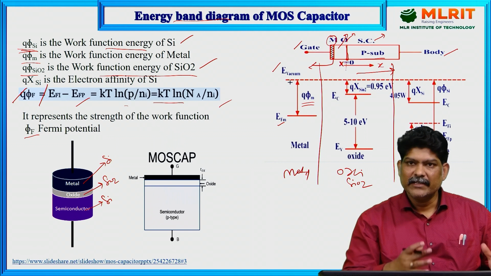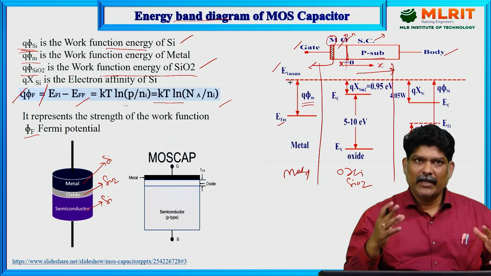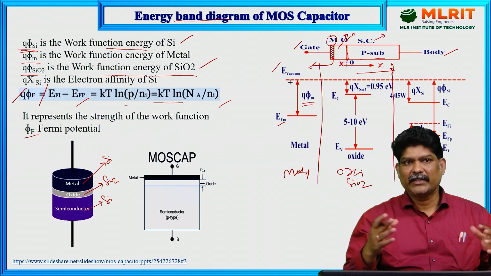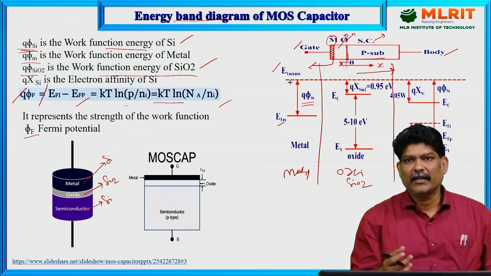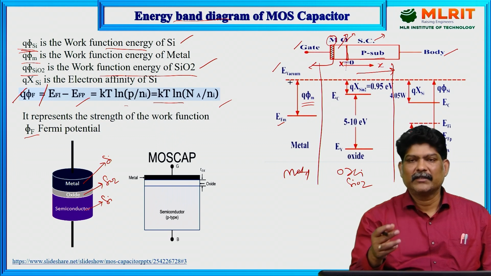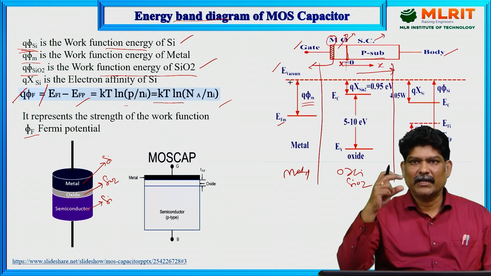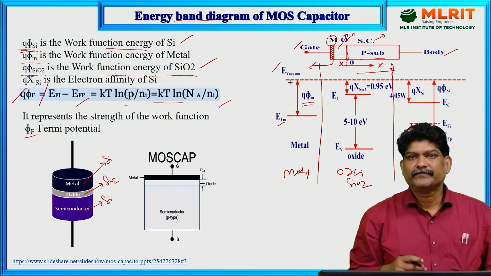By changing the properties, or by applying external voltage to the gate, we can change the energy bands, the conduction band and valence band.